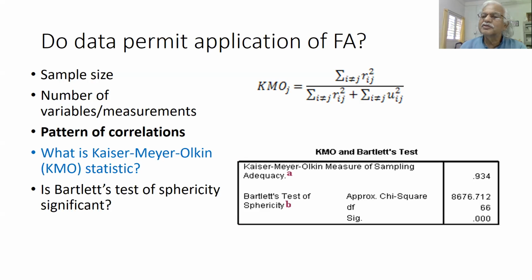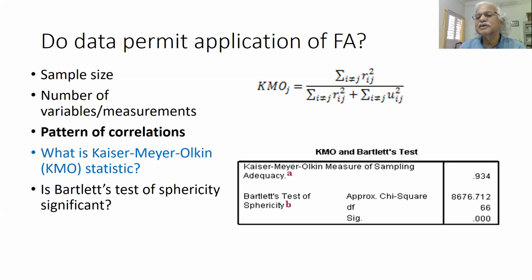Now, this situation is not fit for application of factor analysis, and to test whether this is the case, you apply Bartlett's test of sphericity. This Bartlett's test of sphericity tests whether your correlation matrix differs from the identity matrix.